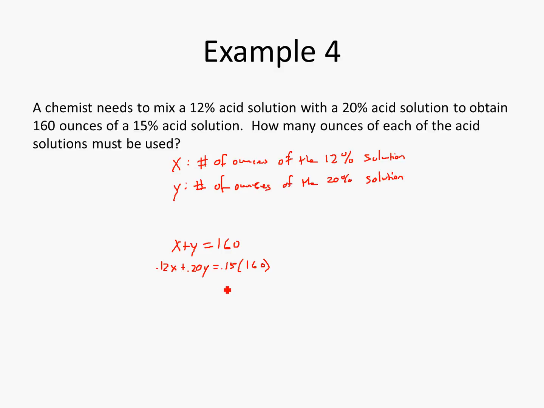Okay, so if I take this same technique, how about I multiply the bottom equation by 100, just like in the last one. Then the bottom equation becomes 12x plus 20y equals 15 times 160.